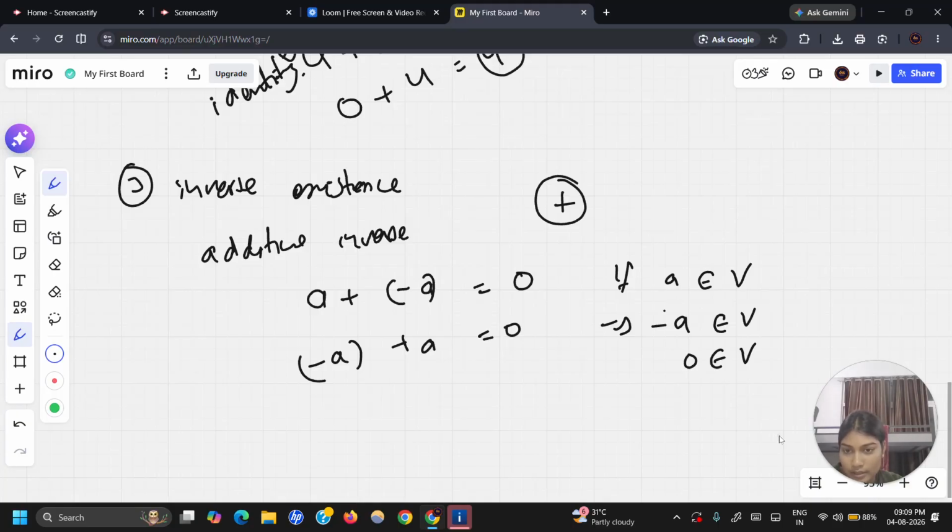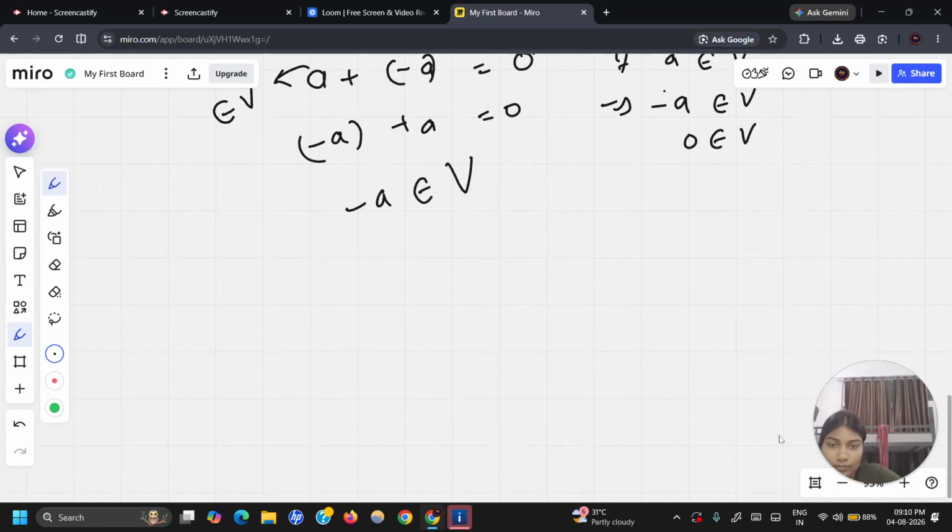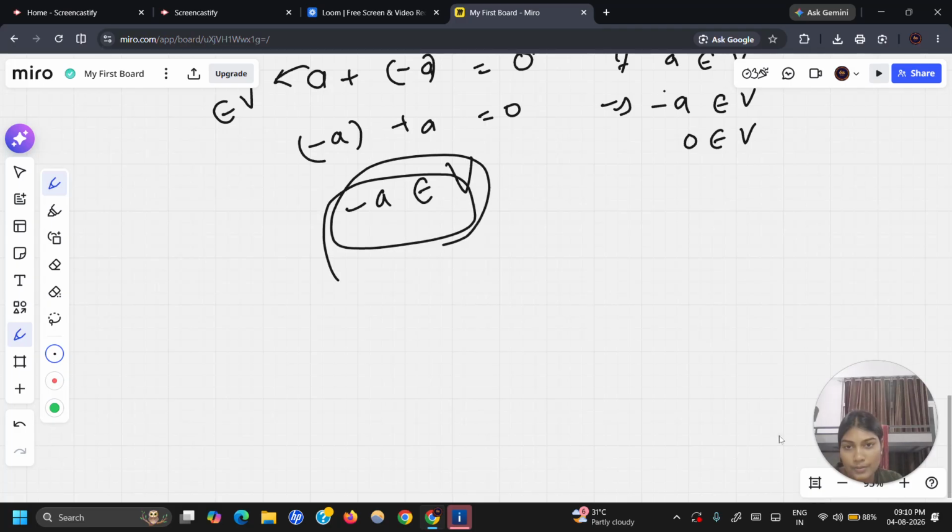That means minus A belongs to the vector space, so we can say that the inverse exists.